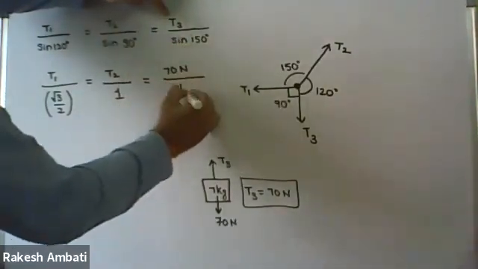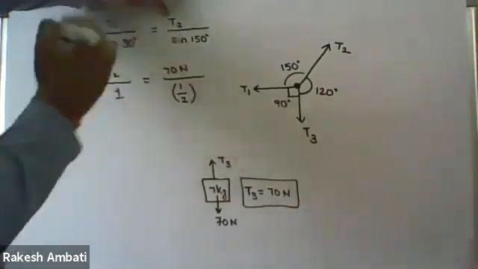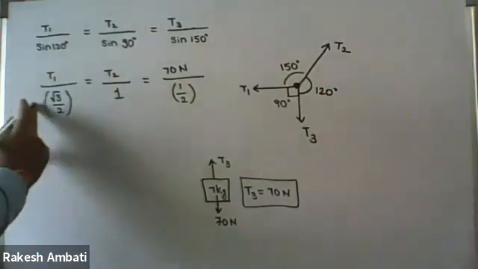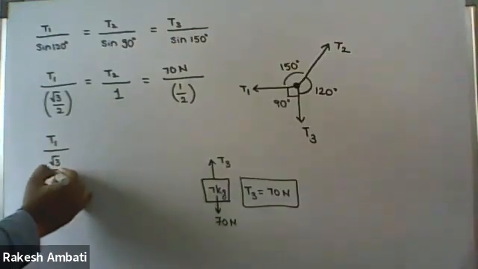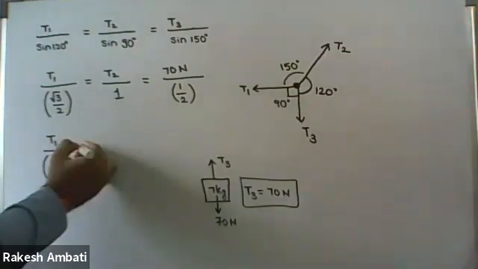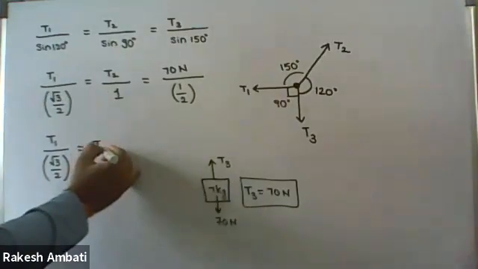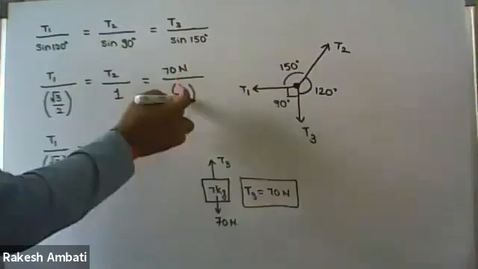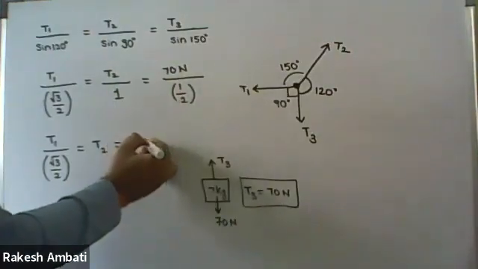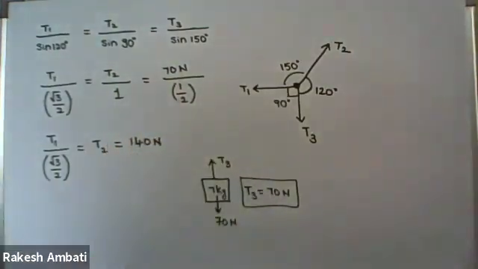Sine 150, the value is 1 by 2. Therefore, from this equation, T1 upon root 3 by 2 equals T2 equals, 2 goes to the numerator, we get totally 140 newtons.